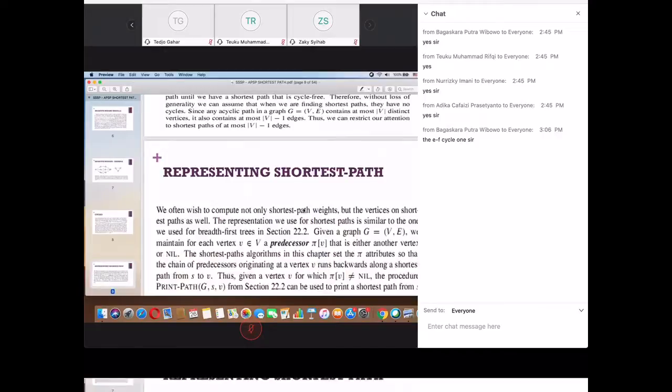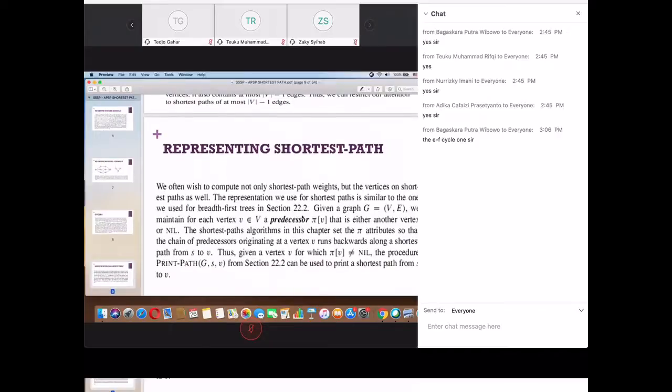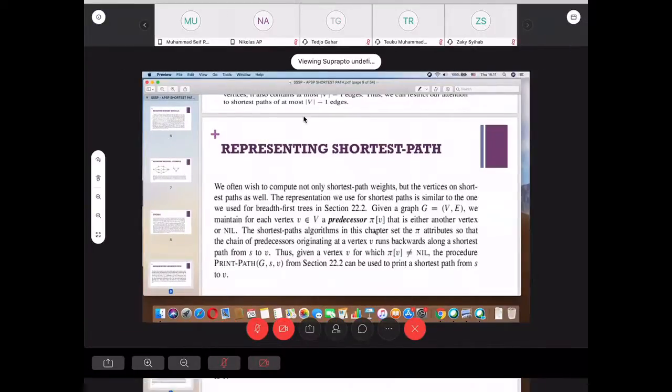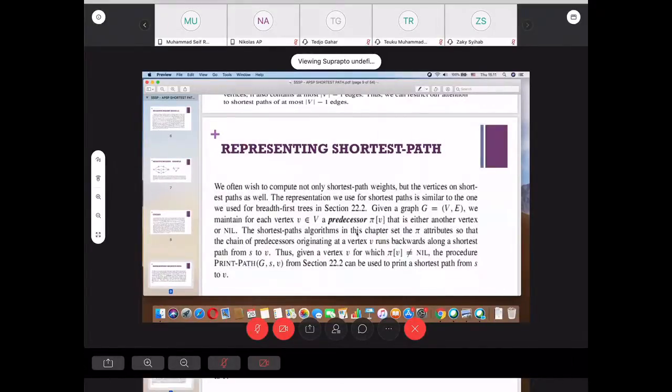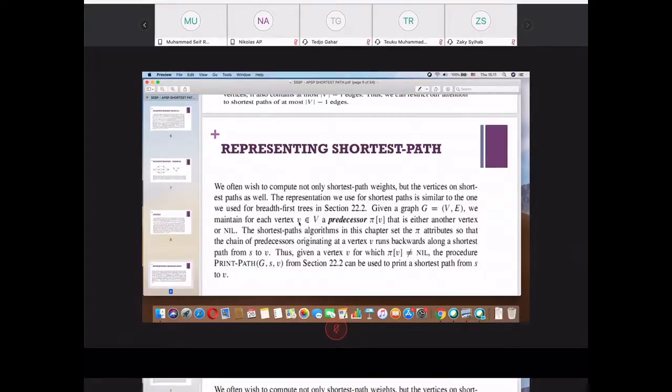Okay. Now, how can we represent the shortest path in this case? It is very much like the representation in BFS, right? In this problem, we also use the predecessor subgraph. When we are given a graph G, we maintain for each vertex v a predecessor.